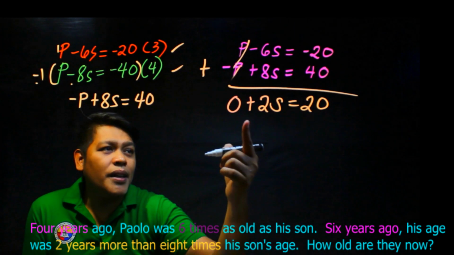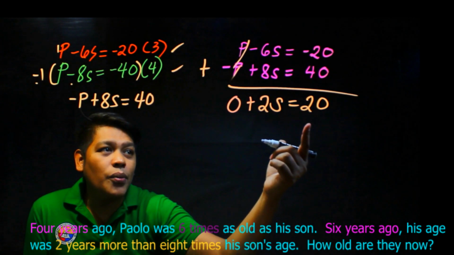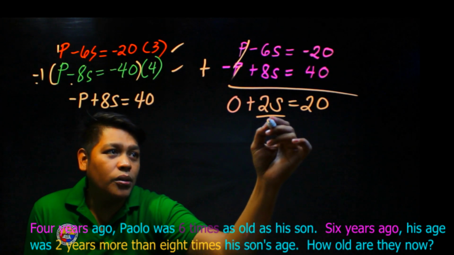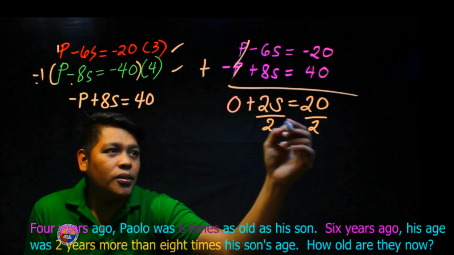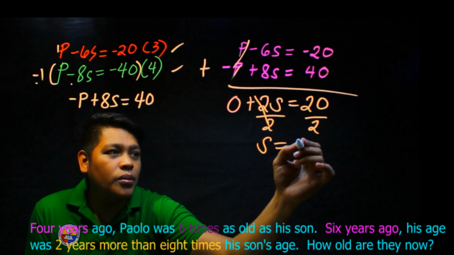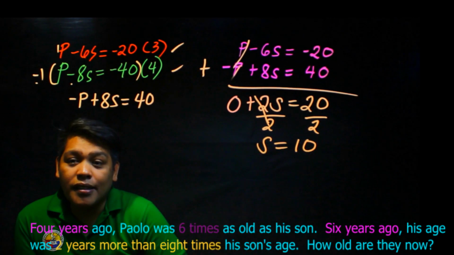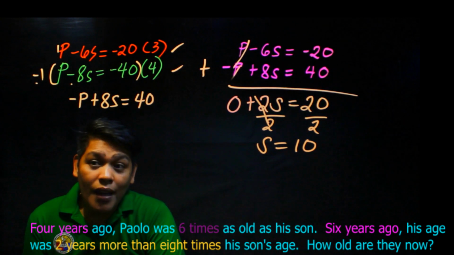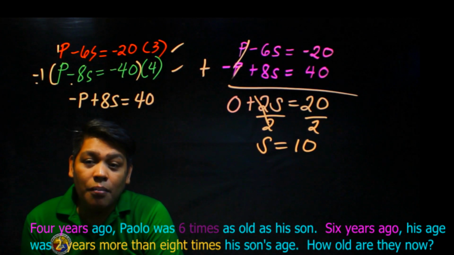So, 2S equals 20. Divide natin ng 2. Mag-cancel yan. So, S is equivalent to 10. Ano yung S? Yan yung edad ng anak ni Paulo.